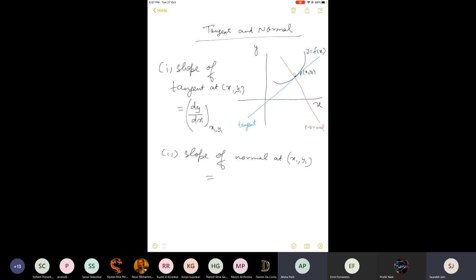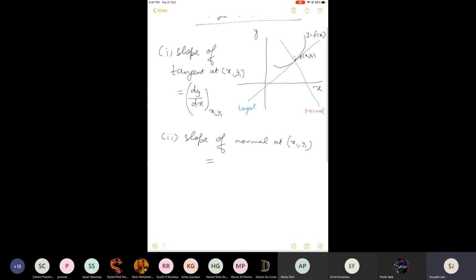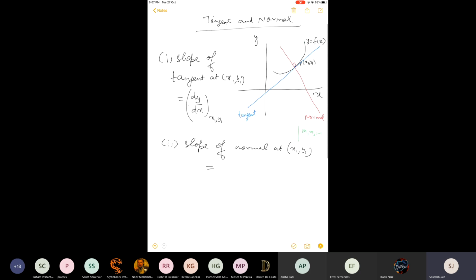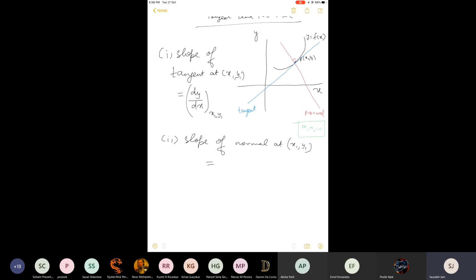Yes, correct. This result you have studied in class 11th: if two lines are perpendicular, the product of their slopes is minus 1, m1 m2 equals minus 1. Since the normal is perpendicular to the tangent, the product of their slopes will be minus 1, and m1, the slope of tangent, is dy by dx.